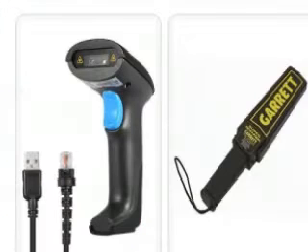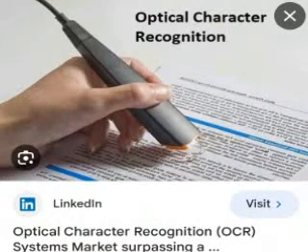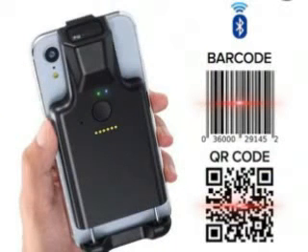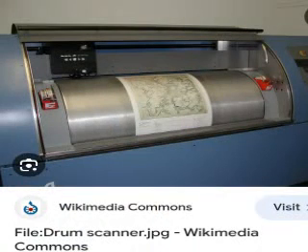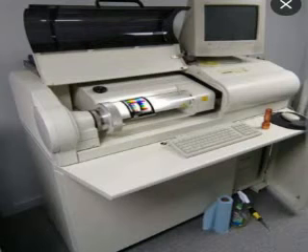And then we also have the handheld scanner, the optical recognition scanner, the barcode scanner, and we also have the drum scanners. And we are going to look at some of them in details.